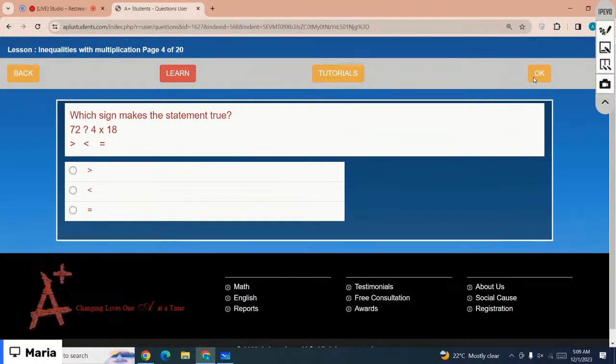Use your notebook and pencil, evaluate the question and write your correct option in the chat box. 18 times 4 is also 72. So they both are exactly equal. Very good.